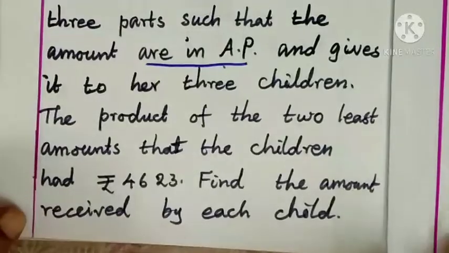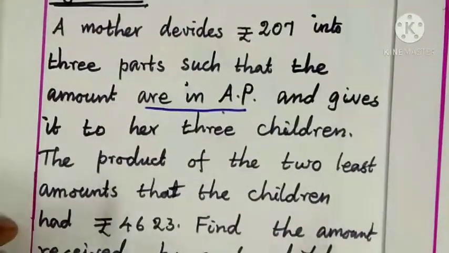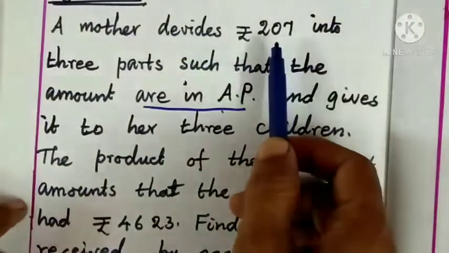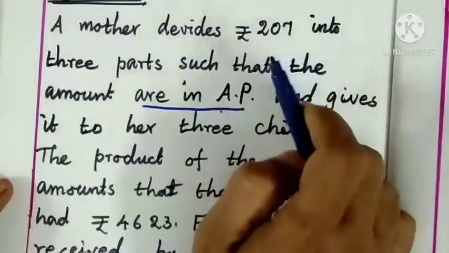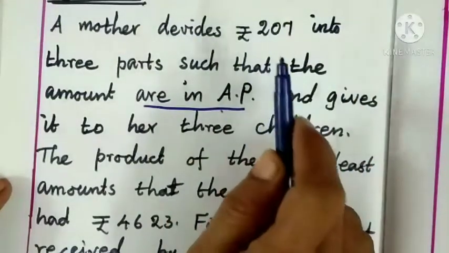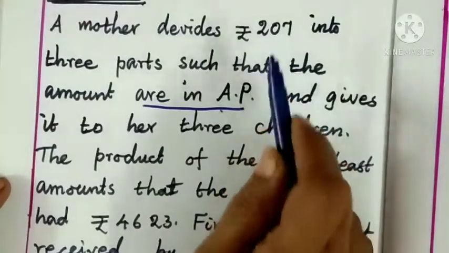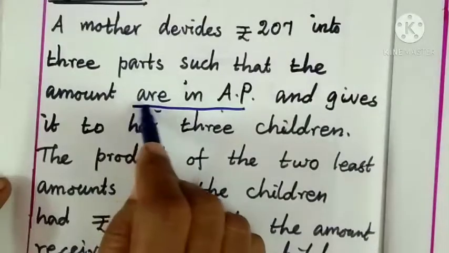In this question, a mother wants to divide the amount rupees 207 among her 3 children. From this we know the total amount is rupees 207. The next given is very important. The amounts are in AP.